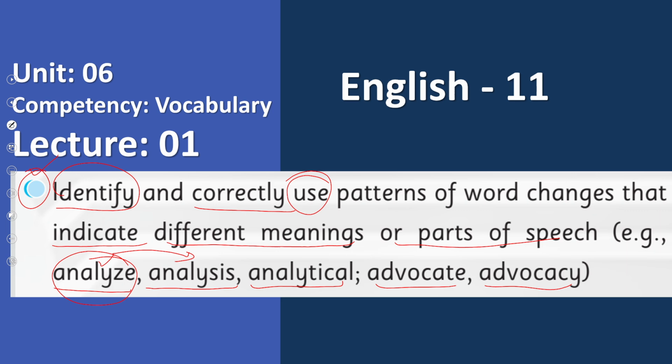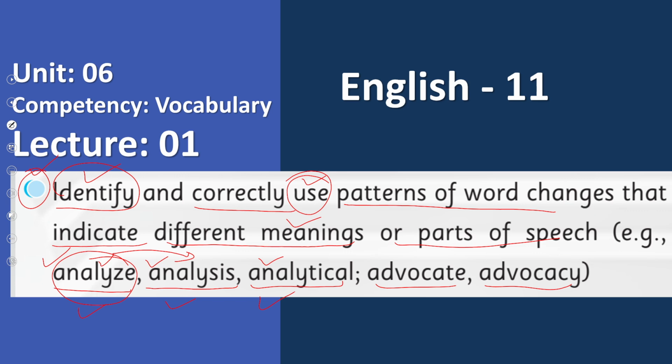So it means that in the English language we can form words according to the rules. These words are established, but in order to understand them, we need to understand how we can identify and use these patterns of word changes, according to which these words look identical but change in their meaning, giving us different meanings.